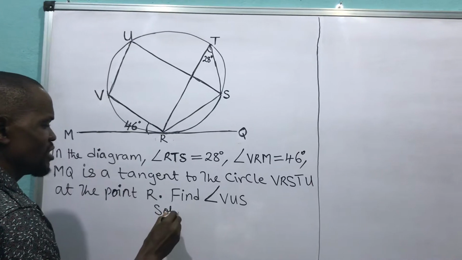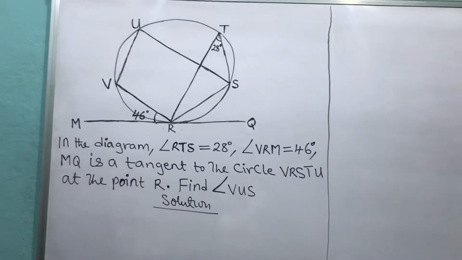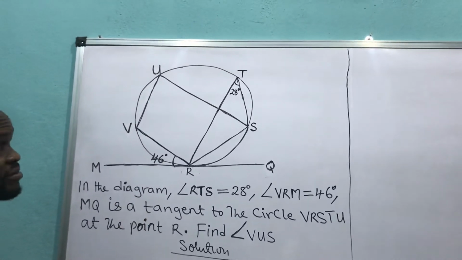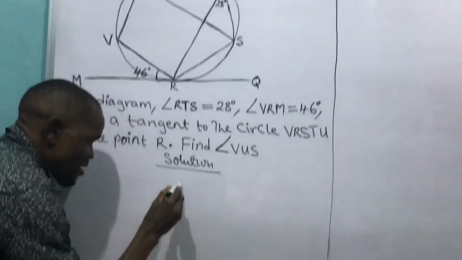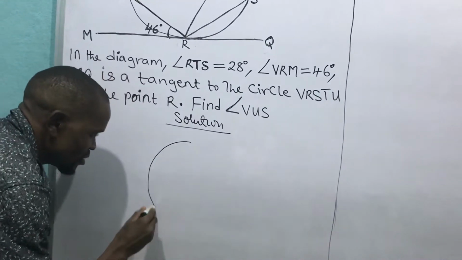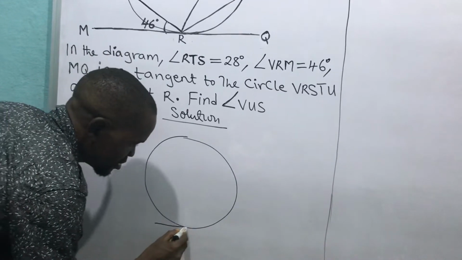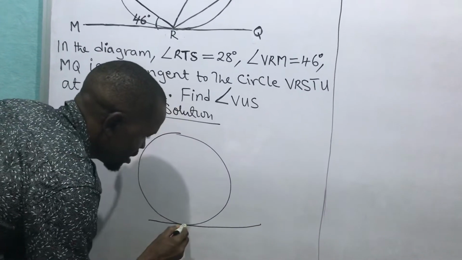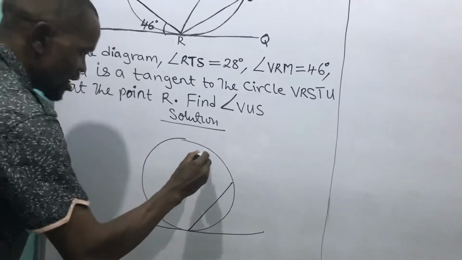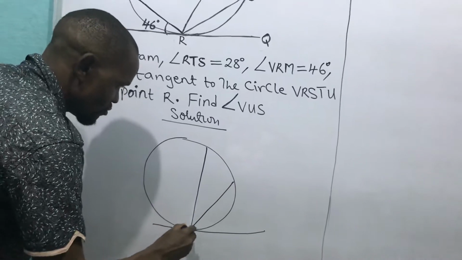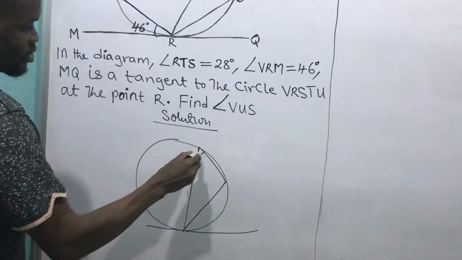Solution to that. That's why we are here. If we look at this diagram, you can see from the diagram, this is a tangent, and this forms an angle somewhere here, and this being 28.